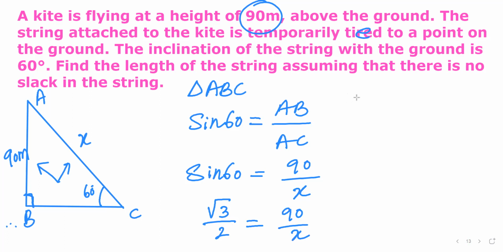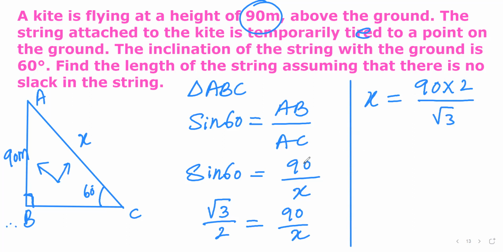Now we can further simplify this as, here I'll take x equals 90 into 2 cross multiplication divided by root 3. So x equals 90 into 2, 180 into root 3 divided by root 3 into root 3.